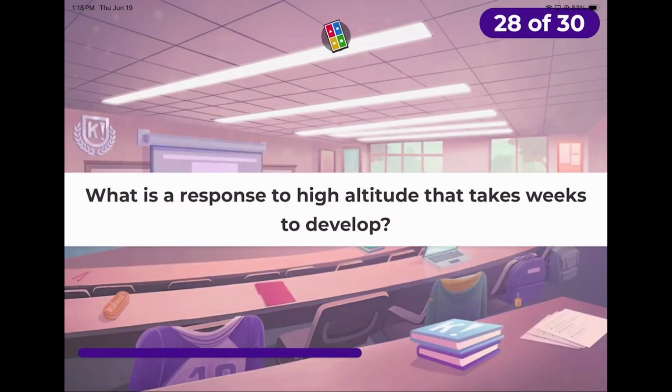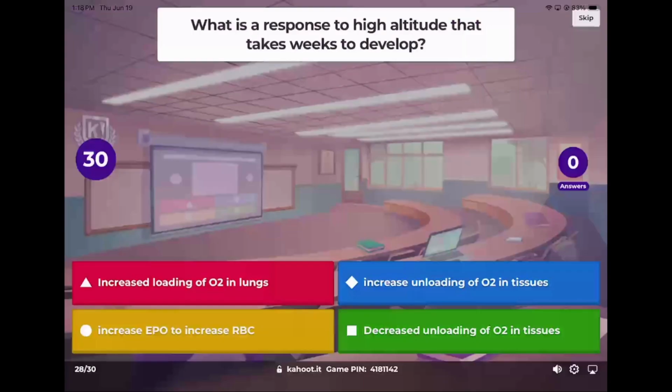Okay, what is a response to high altitude that takes weeks to develop? So remember, there's an intermediate one, there's a few days, and then there's the long one, which happens after weeks. So two of these are the same answer, just opposite, so they can't be the answer, right?